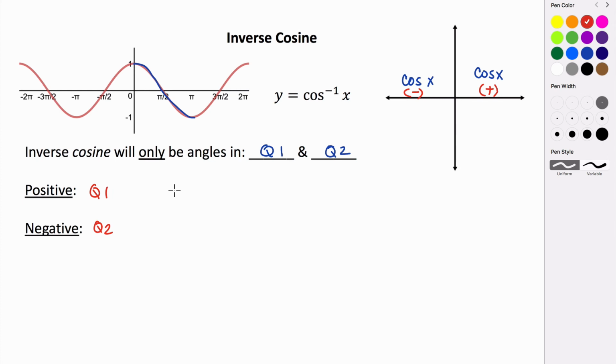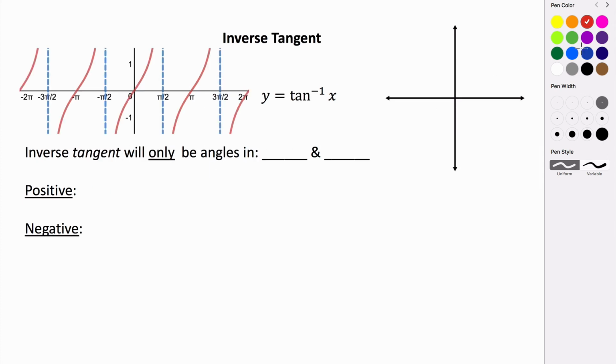And lastly, we're going to take a look at the inverse tangent function. So the tangent function has a bunch of cycles, right? And they're separated by these vertical asymptotes. Now, the range is all real numbers. It goes from negative infinity to positive infinity. And so we need an entire cycle that represents all of that and also gives us our undefined values with our asymptotes.